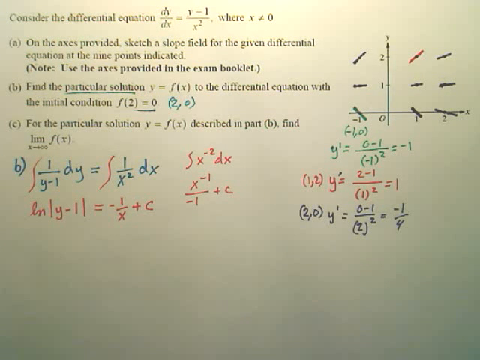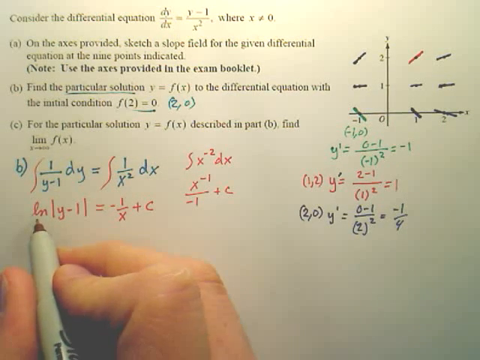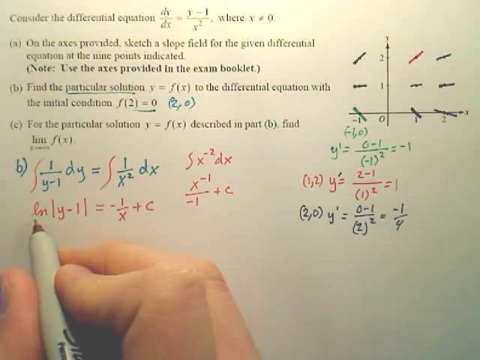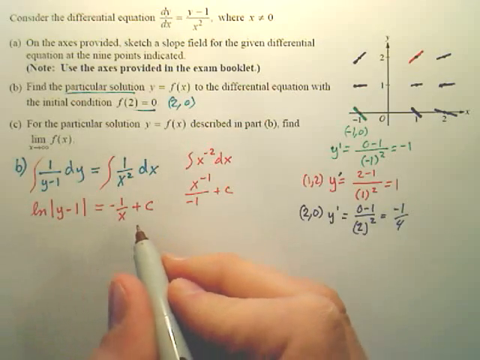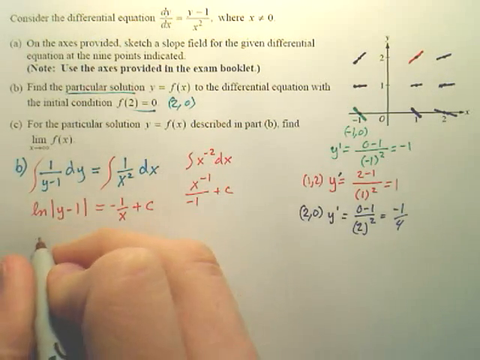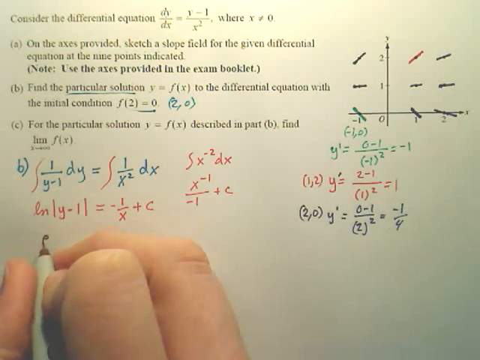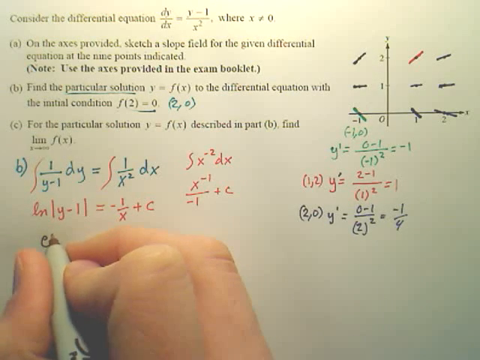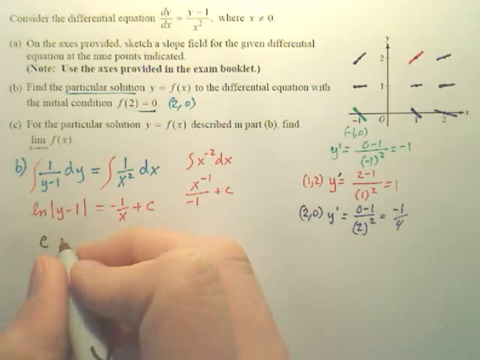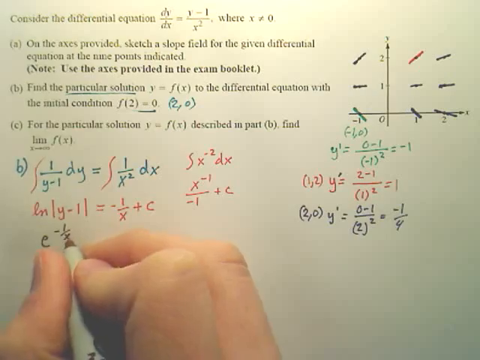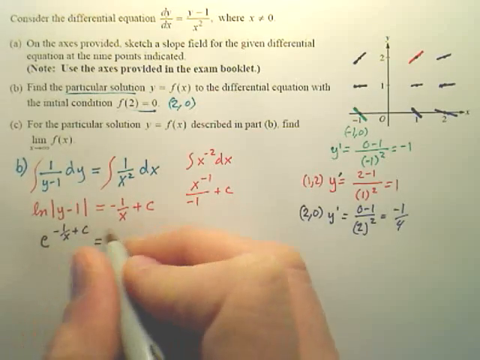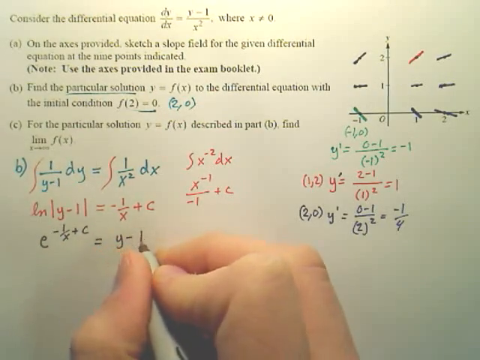Okay, from there our goal is to get y by itself. To get y by itself, we need to get rid of the ln. So when we get rid of the ln, you can either e both sides, or you could rewrite it. I rewrite it. This would be e to the negative 1 over x plus c equals y minus 1.